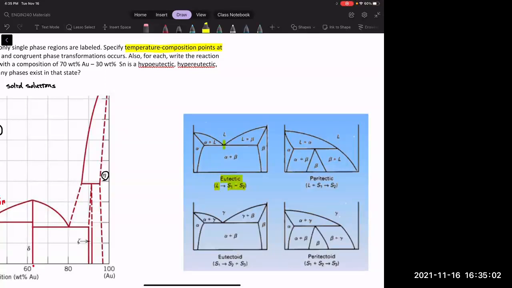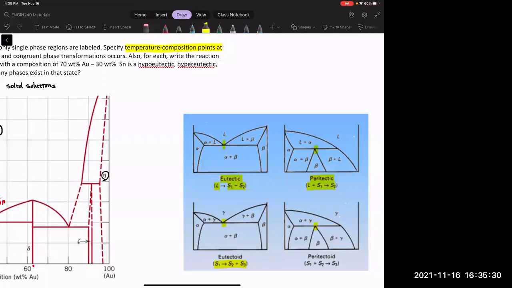The eutectoid is this one here, which is one solid to two different solids. The peritectic is the liquid and one solid state going to another solid state, which is this point right here. Okay, so these are the things that you need to know. Well, the other one is peritectoid.